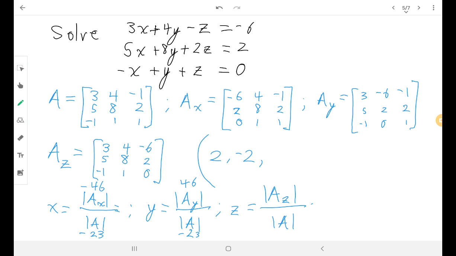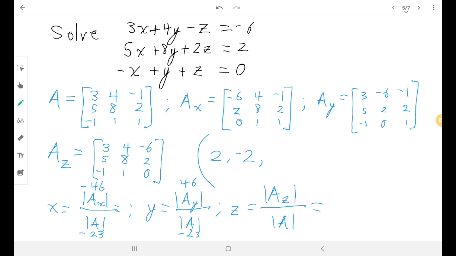And finally, let's put in A sub z for matrix B. That's 3, -6, -1. Oh, whoops, no, sorry. 3, 4, -6. I was looking at my A sub y again. 5, 8, 2, -1, 1, 0.